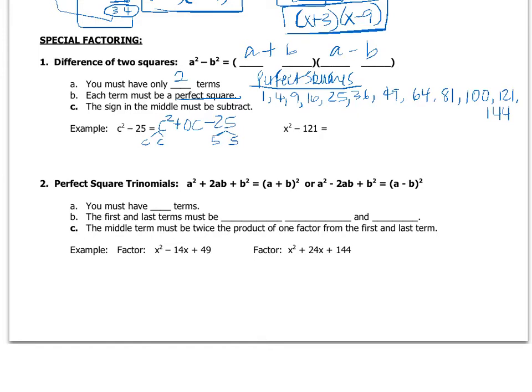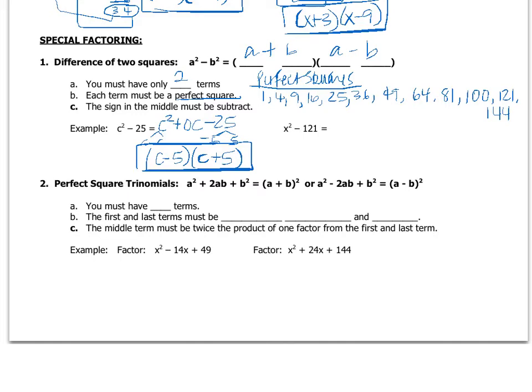Now, if I want negative 25, one of those has to be negative. And as we said before, negative 5 plus 5 should add up to the 0 in the middle. Since it does, it's c minus 5 and c plus 5. Okay, and that's really what a difference of squares does without writing the 0 in the middle. But I like to put it in until you start recognizing what it looks like.